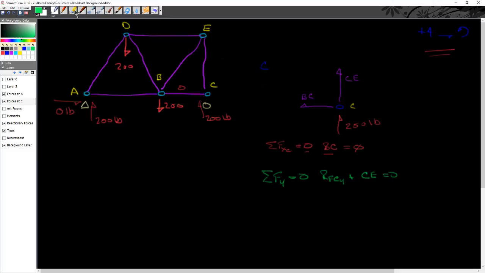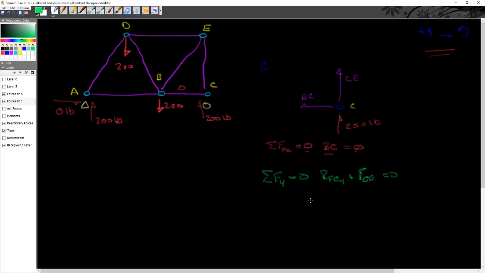And I really should draw these, and I think I'll be a little more disciplined here, but I'm going to write that as FCE. So that'll be a little bit clearer. FCE has to equal 0. Again, this is really simple.